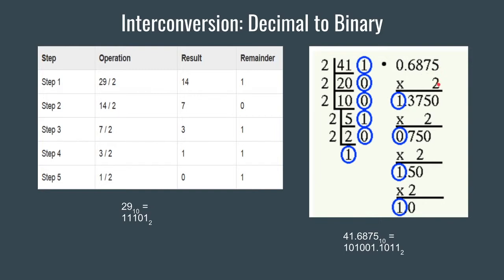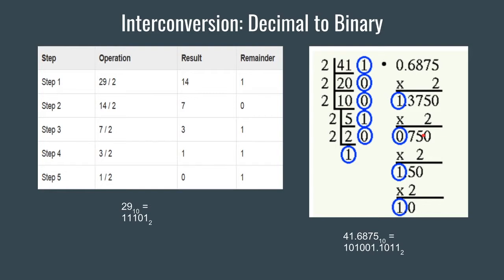0.6875, we multiply it by 2 to get 1.3750. Now we take the part after the decimal point and multiply it by 2. We get 2 into 0, 0, 2 into 5, 10, obviously. So 0, and 1 is carried. 2 into 7, 14, plus 1, 15.